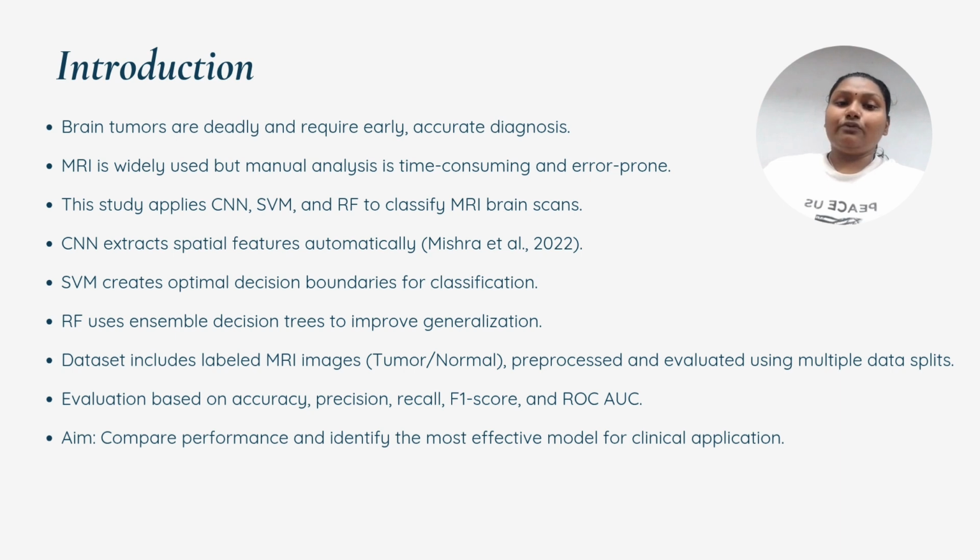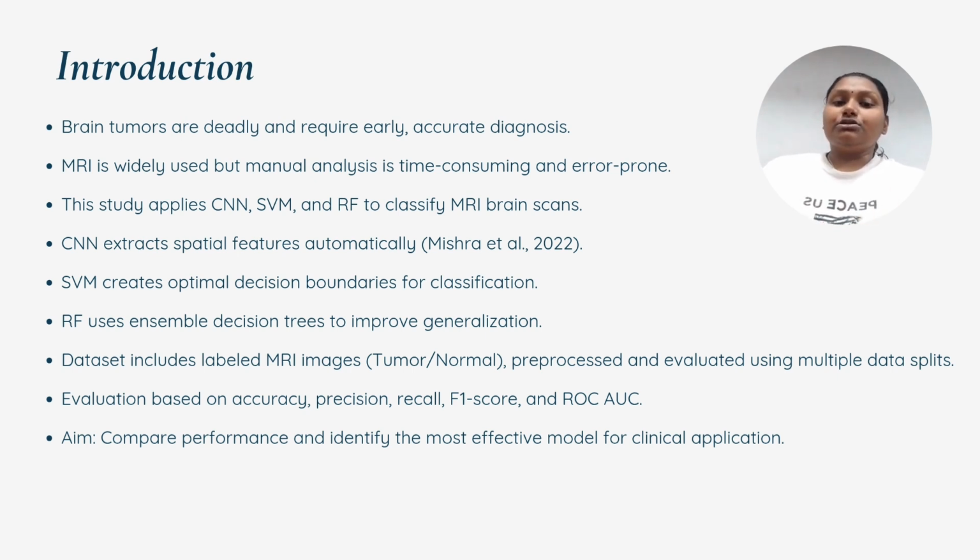We used a dataset with MRI images labeled as either tumor or normal. The images were pre-processed and tested using different training and testing ratios like 30 to 70% and 70 to 30%, instead of regular cross validation.